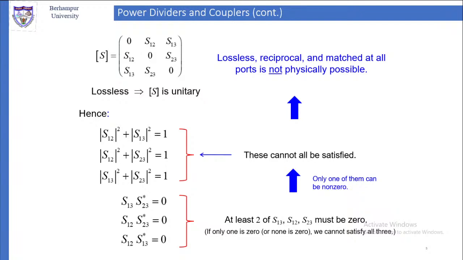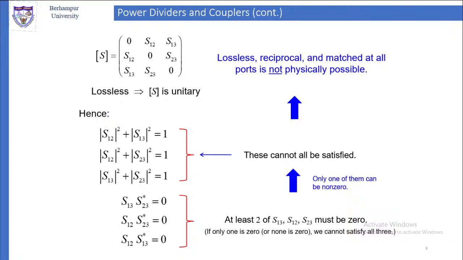Suppose S13 is 0, only one is 0. Then the first one is satisfied, and the last one will be satisfied, but the second one will not be satisfied. If none of them is 0, none of these will be satisfied. So at least two of these have to be 0.